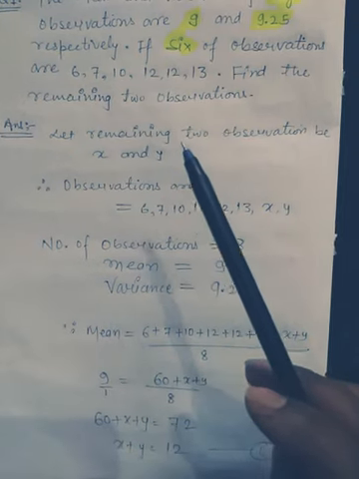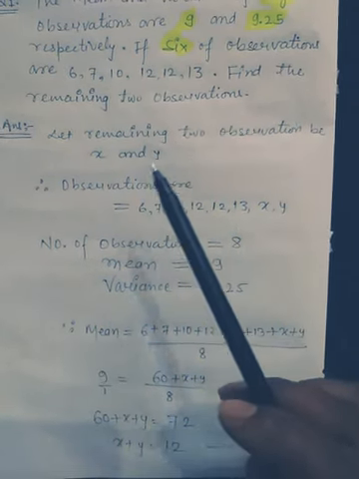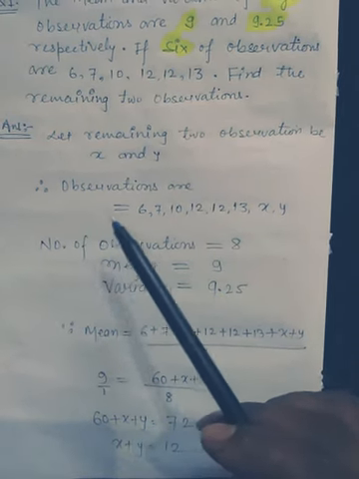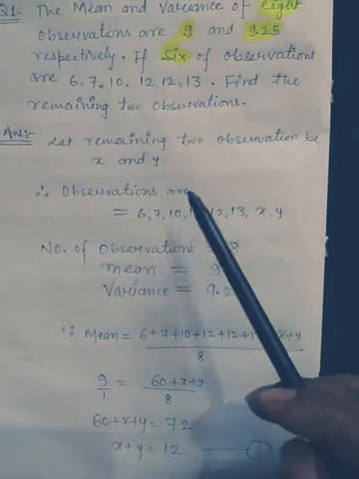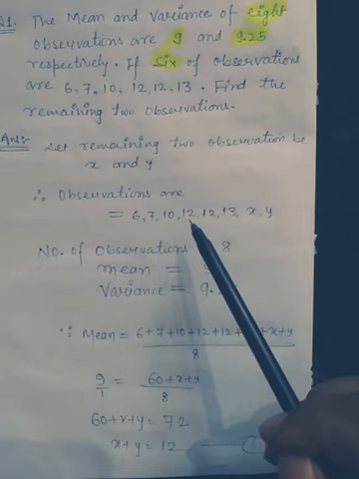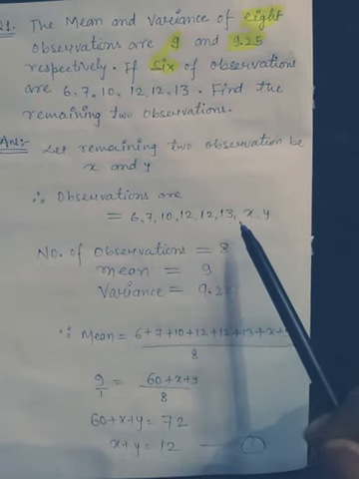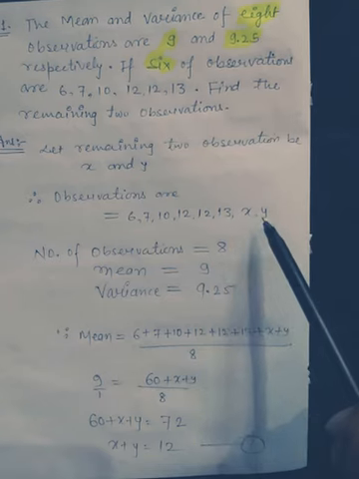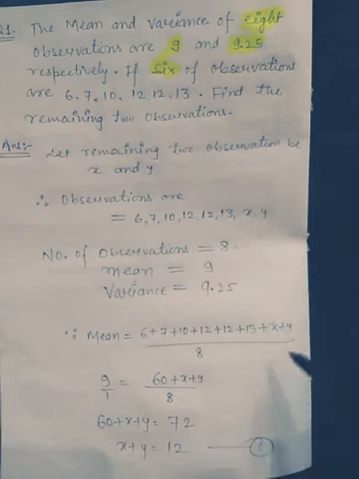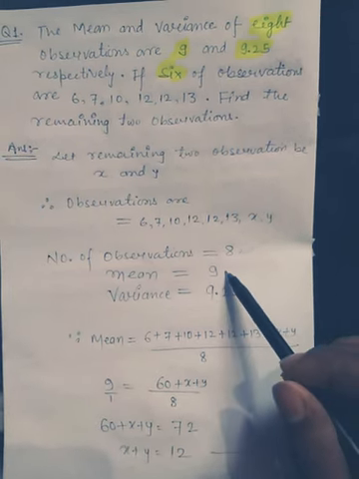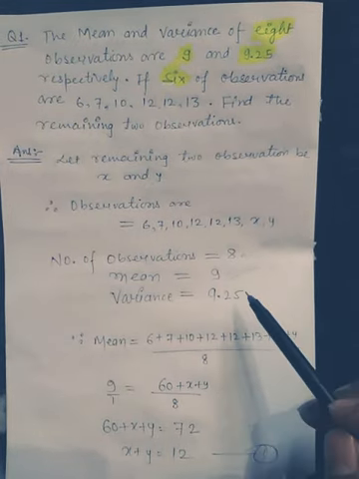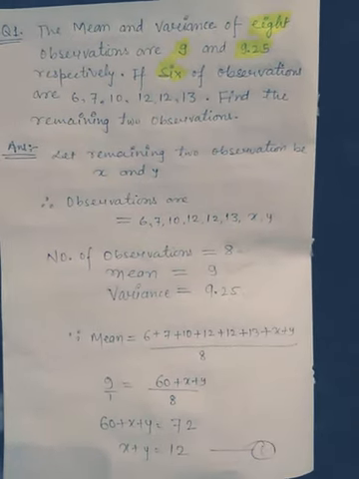Let the remaining 2 observations be x and y. Therefore, the total observations, that is 8 observations, are 6, 7, 10, 12, 12, 13, x and y. Here the number of observations is 8. Mean is given as 9 and variance is given as 9.25.